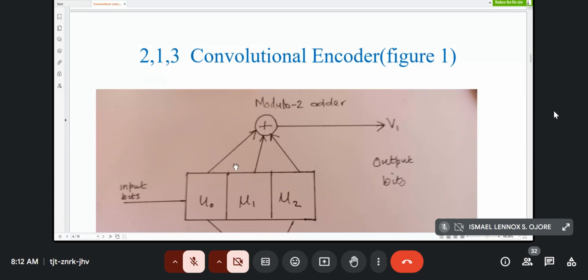So we're adding these three inputs to this adder. This is a modulo 2 adder. So if you add this, it just means that whenever you have an even number of ones, the output will be 0, and an odd number of ones, the output will be a 1.